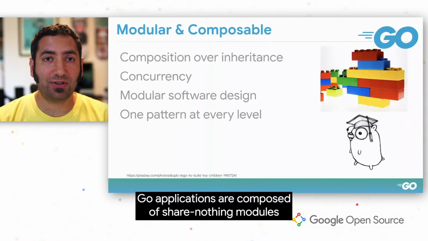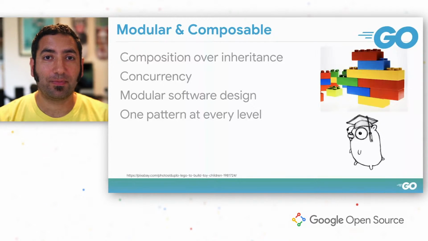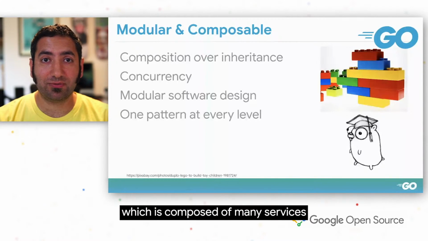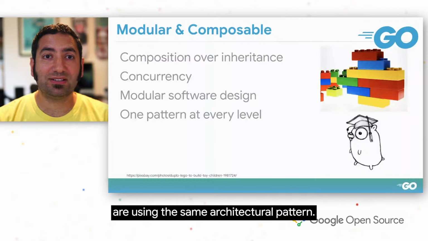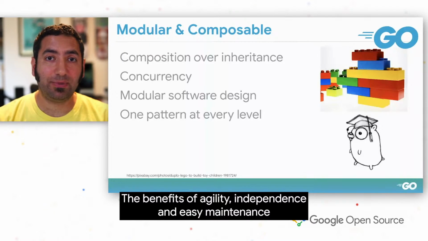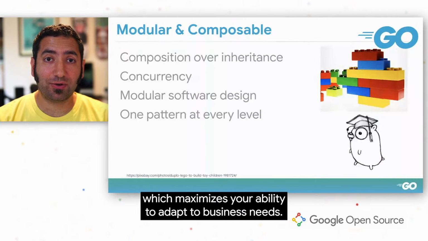Go applications are composed of share-nothing modules, which communicate across channels, a native feature in Go. This means that both your service and your application, which is composed of many services, are using the same architectural pattern. The benefits of agility, independence, and easy maintenance are twice as impactful for Go-based services, which maximizes your ability to adapt to business needs.